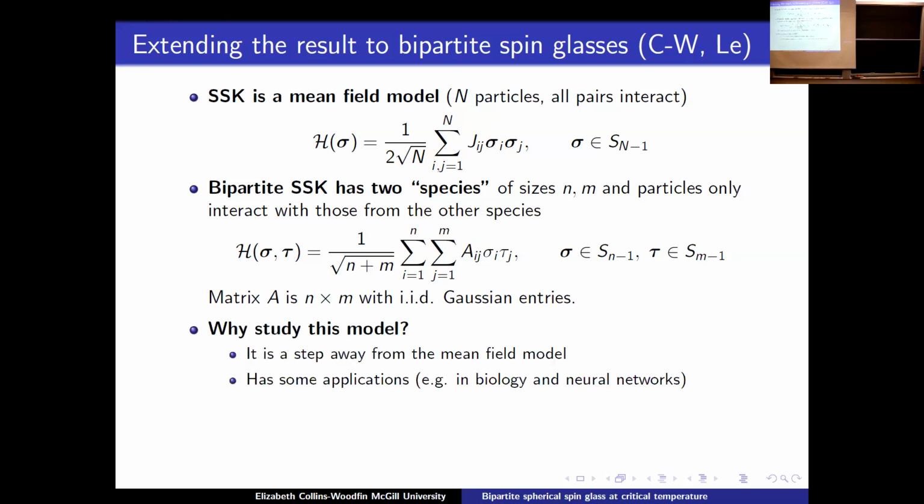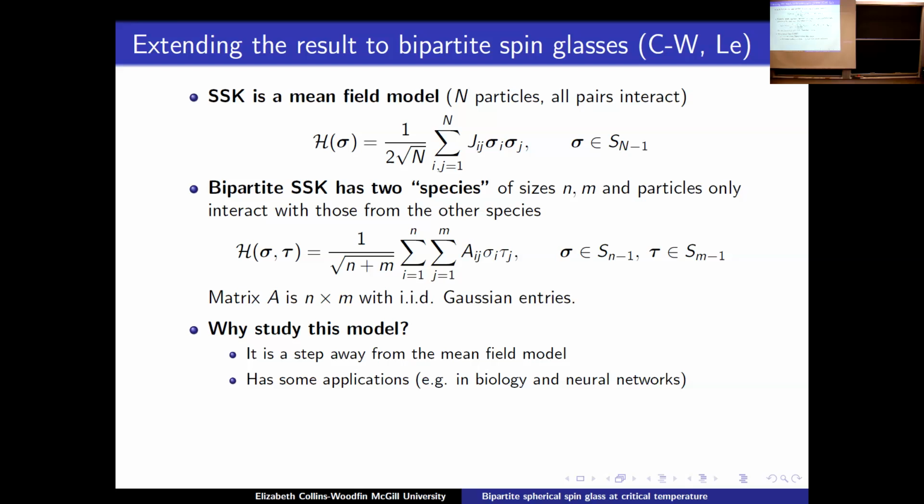And why would we want to study this? One reason is that it's a step away from a mean field model. Mean field models are not physically realistic in the sense that if we're talking about interactions between particles, they don't interact with all the particles. Usually there's some sort of geometric constraint, maybe they interact with the particles that are near them.